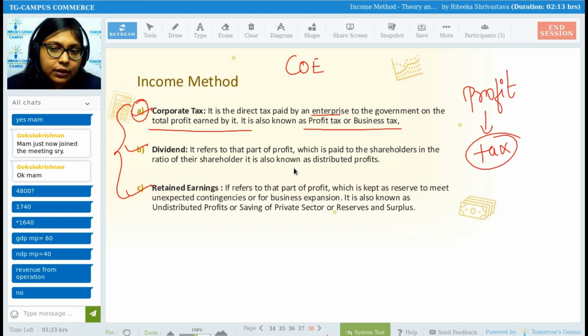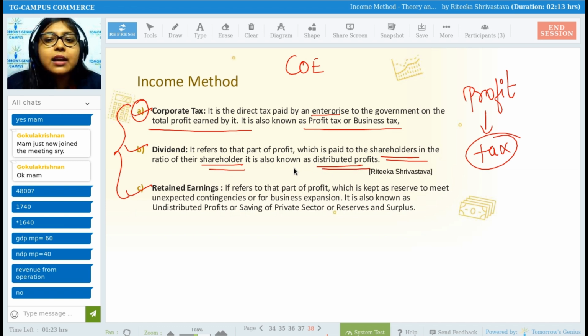Next comes dividend. What is dividend? We are in accountancy, so what do we mean by dividends? The returns which we give to the shareholders for investing in our companies, in investing in our shares, dividend. So the part of profit which is paid to the shareholders in the ratio of their shareholding is also known as distributed profit.